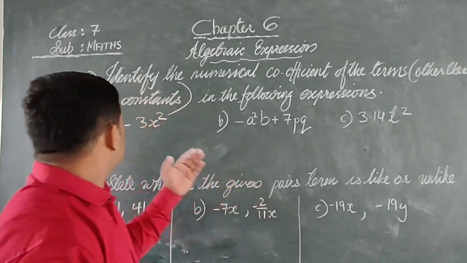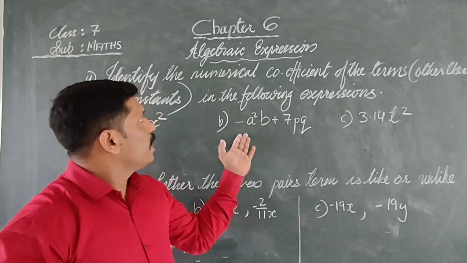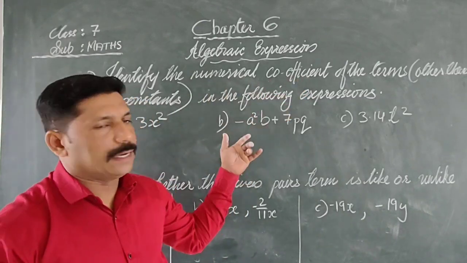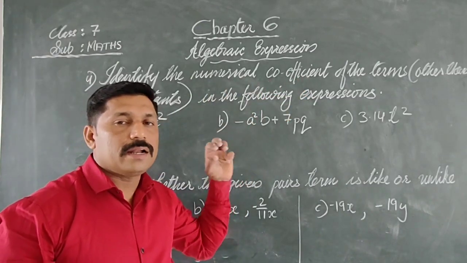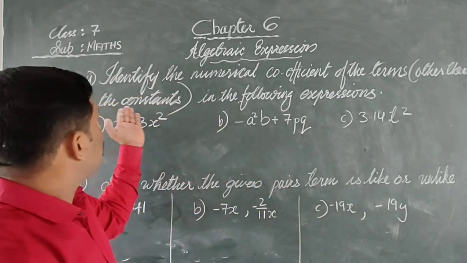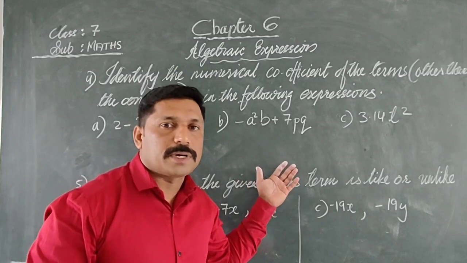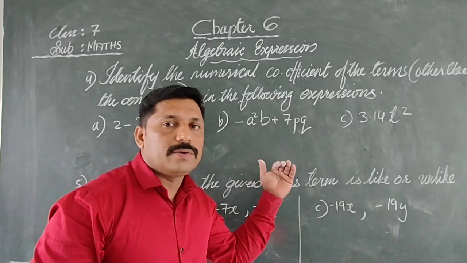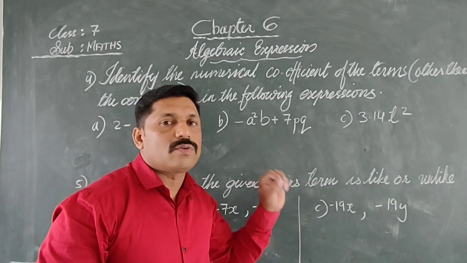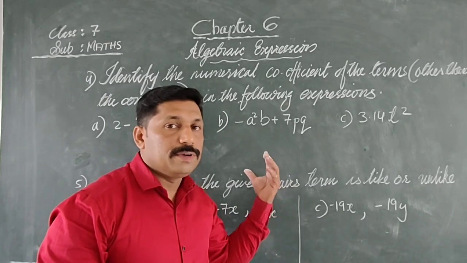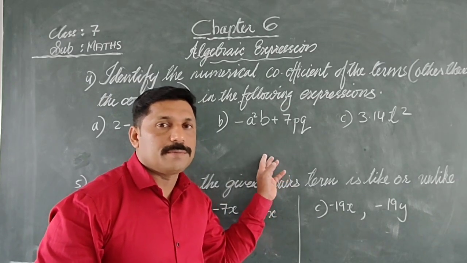Students, question number 4. Identify the numerical coefficient of the term other than the constant in the following expressions. Here we have to find the numerical coefficient of each term, and we should not consider the constant. Constant means only numbers.